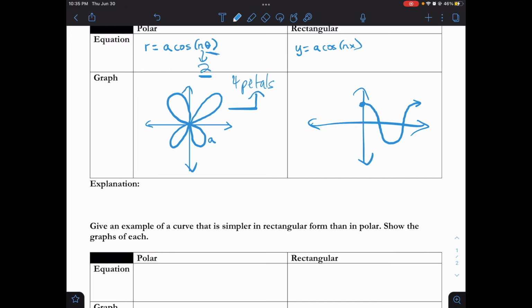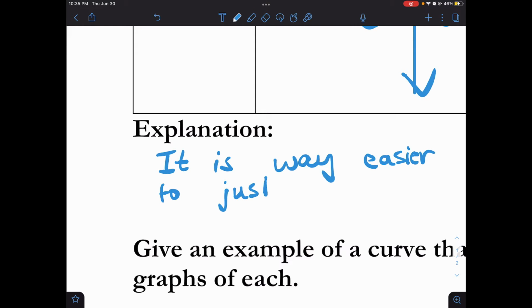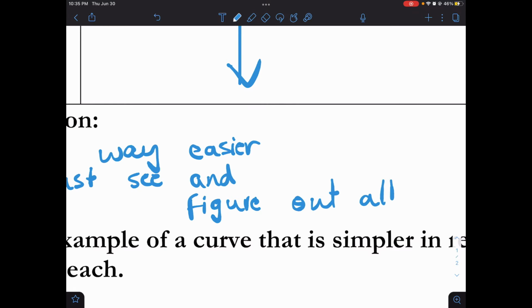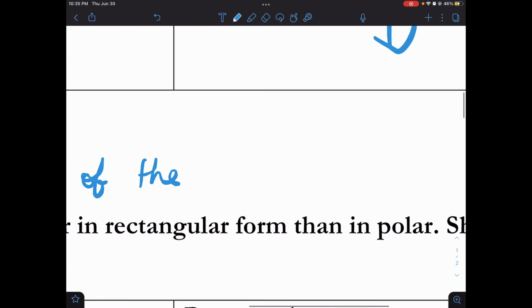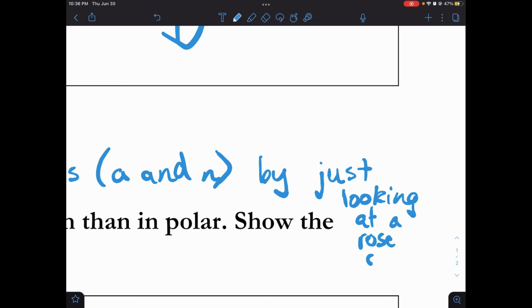So my explanation for this is that it is way easier to just see and figure out all of the values, like a and n, by just looking at a rose curve.